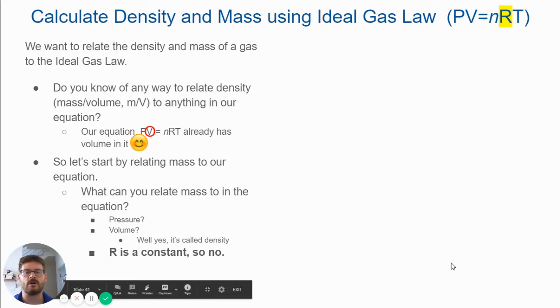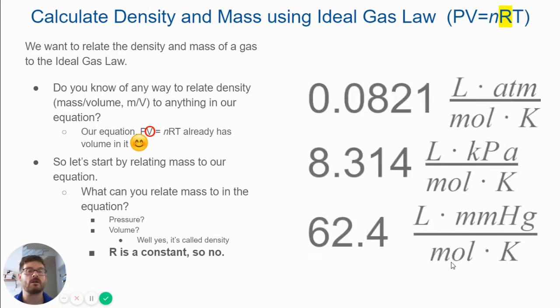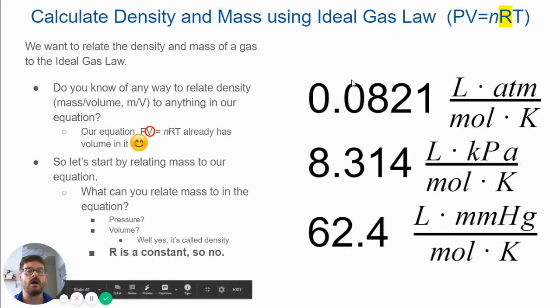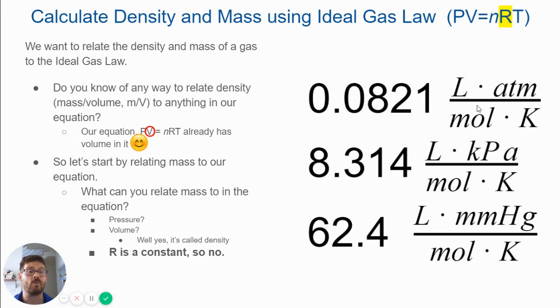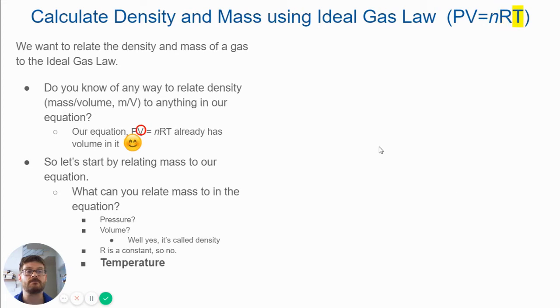R is our ideal gas constant, so that's not going to work out. These numbers never change, right? The number does change depending on which unit of pressure we're using, but once you put that into our equation, the value never changes. That's why it's called a constant.